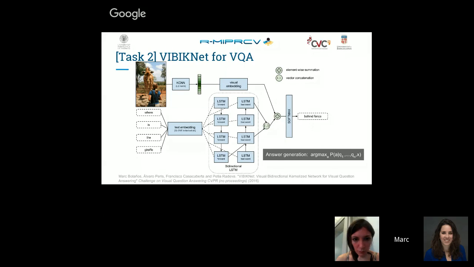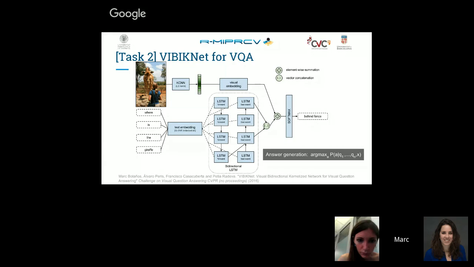Well, we control this with the visual embedding that converts the length of the CNN features to any length that we decide, and then the bidirectional LSTM gives different features, one from the forward and the other from the backward.